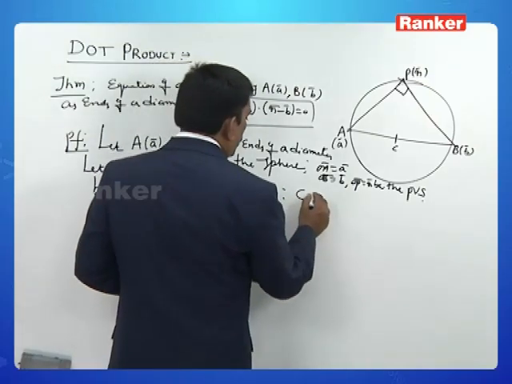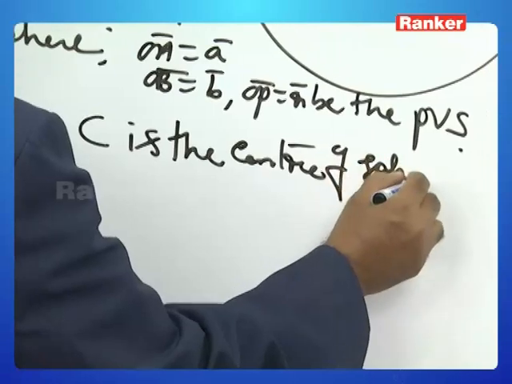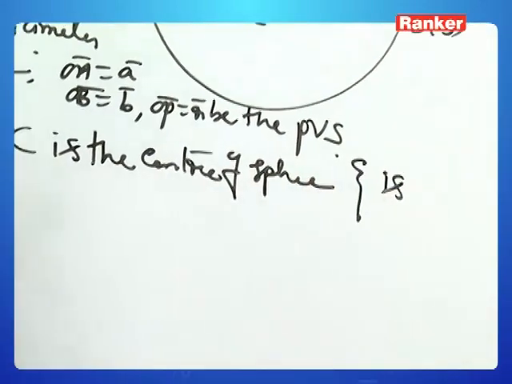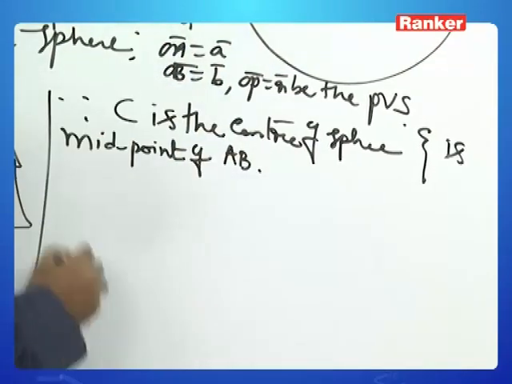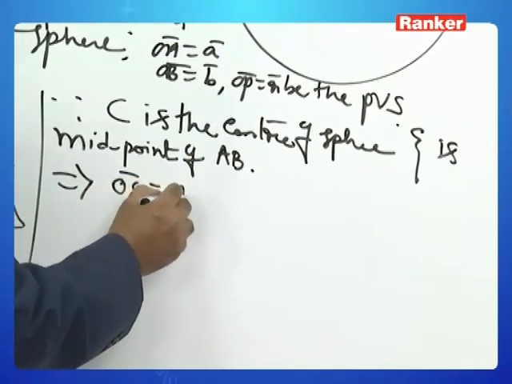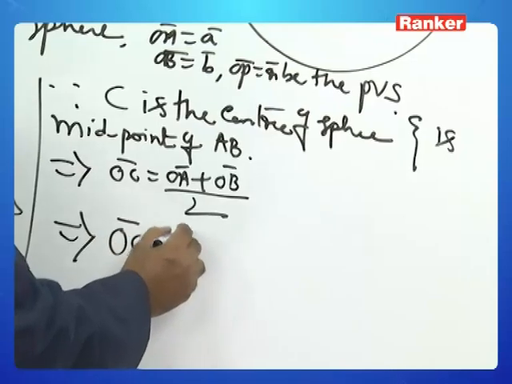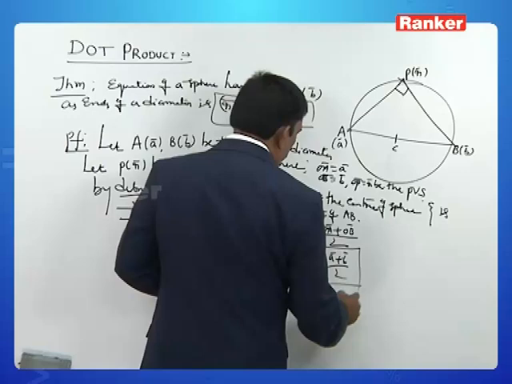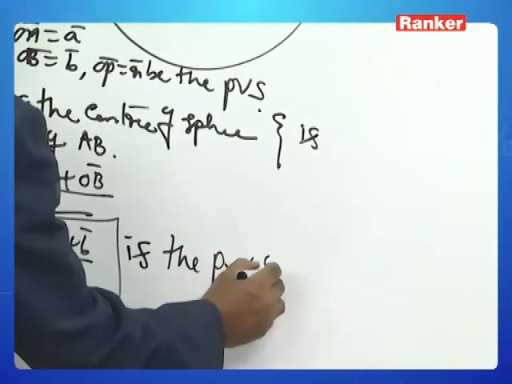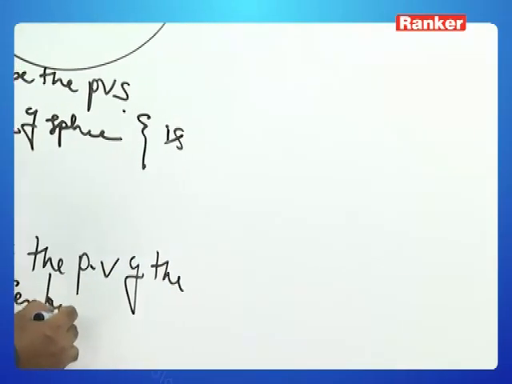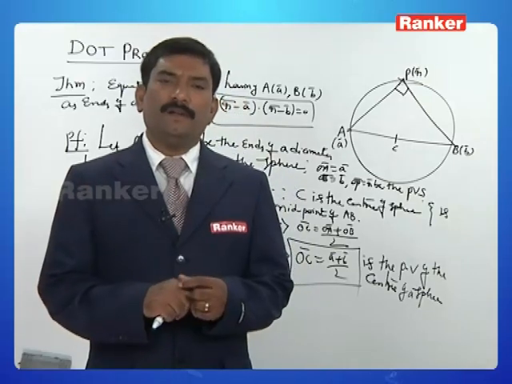Since C is the center of the sphere and is the midpoint of AB, OC bar = (OA bar + OB bar)/2. This is the position vector of the center of a sphere where a bar and b bar are the ends of a diameter.